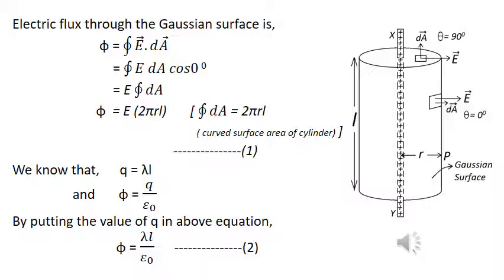Now we know that Q is equal to lambda into L, which is the total charge on the linear charge distribution of the wire, where lambda is the linear charge density and L is the length of the wire, and flux phi is equal to Q by epsilon naught according to Gauss theorem. So we can put the value of Q in this equation. We get phi is equal to lambda L by epsilon naught.